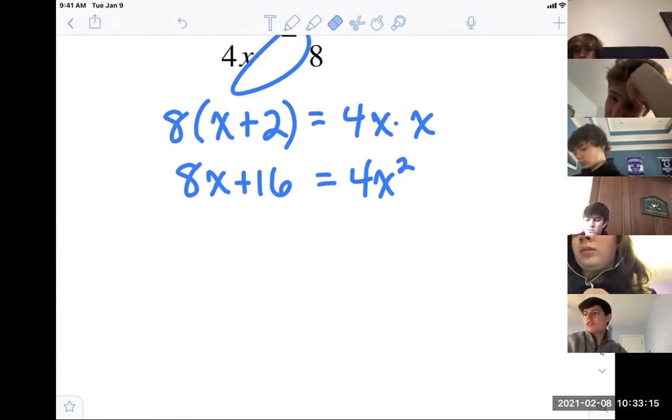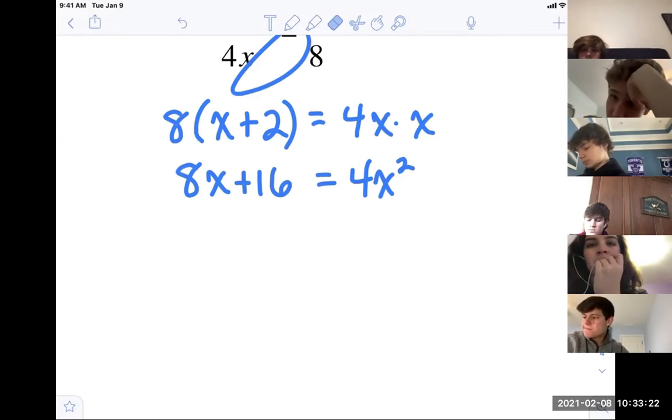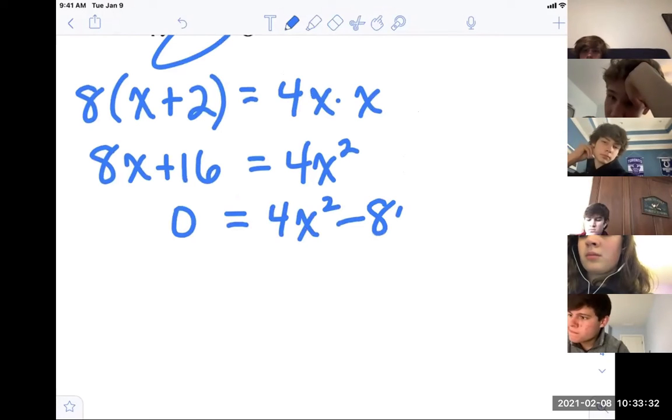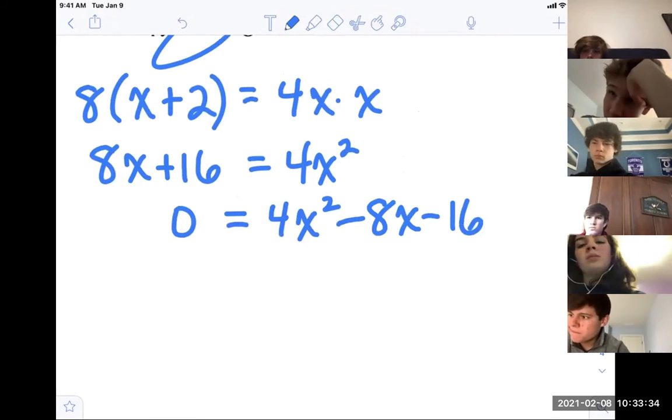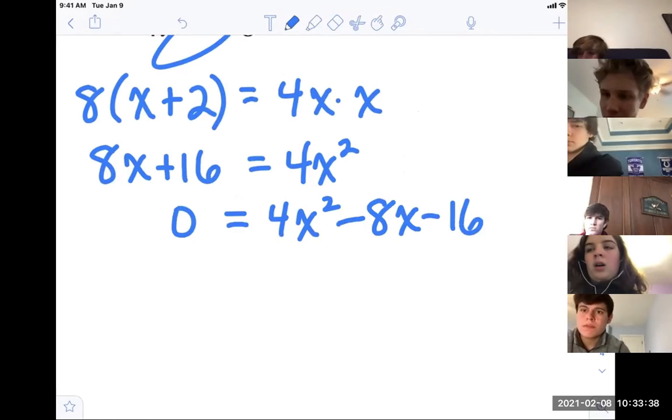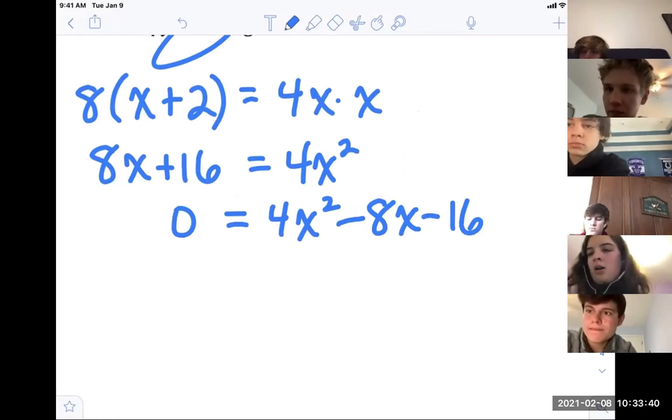What I just said about standard form, you're supposed to have the a value positive. So it's fine to do what you said, and your work would look a little bit different than mine along the way, but in the end, it would come out to be the same. I'm going to leave the 0 on the left side and subtract the 8x and the 16. But the point is you have to get it equal to 0. So whichever side you want to collect the numbers on, it really doesn't matter. It'll work out either way.